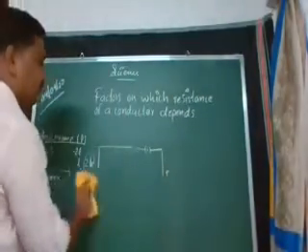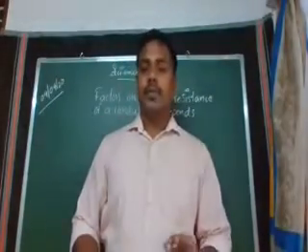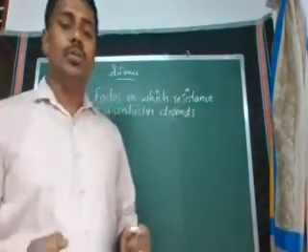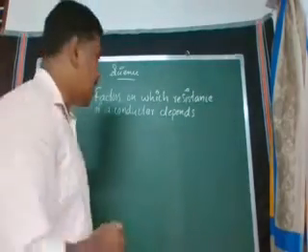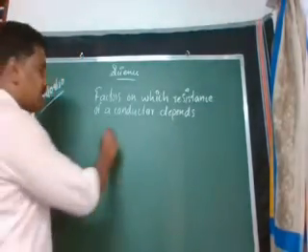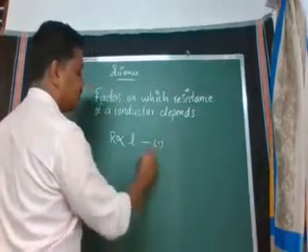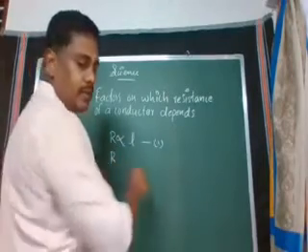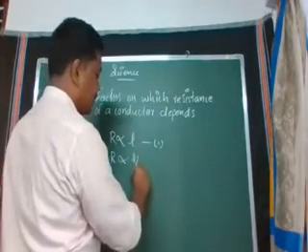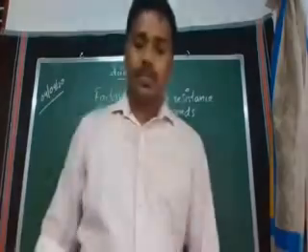So we get a formula like this. The resistance of a uniform conductor is directly proportional to its length L, and inversely proportional to its cross-sectional area A. So R is directly proportional to L, that is equation 1, and R is inversely proportional to A, equation 2.